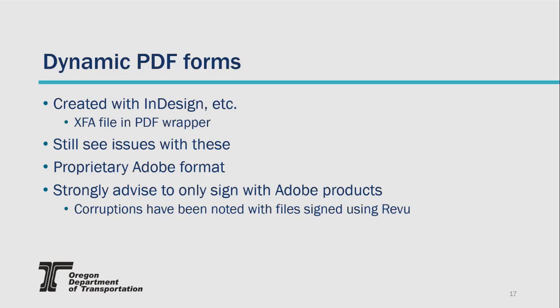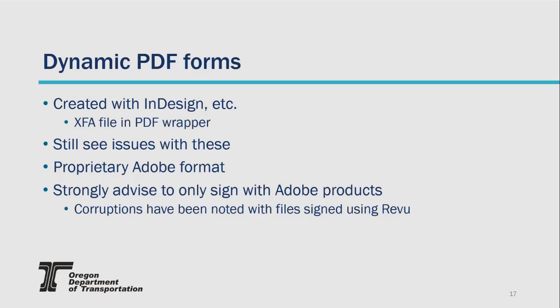The issue with these is that, one, they're proprietary, so they're in Adobe format. Two, not every PDF software that can view or even edit actually can see these correctly. So we strongly advise that we sign dynamic PDFs only with Adobe products.